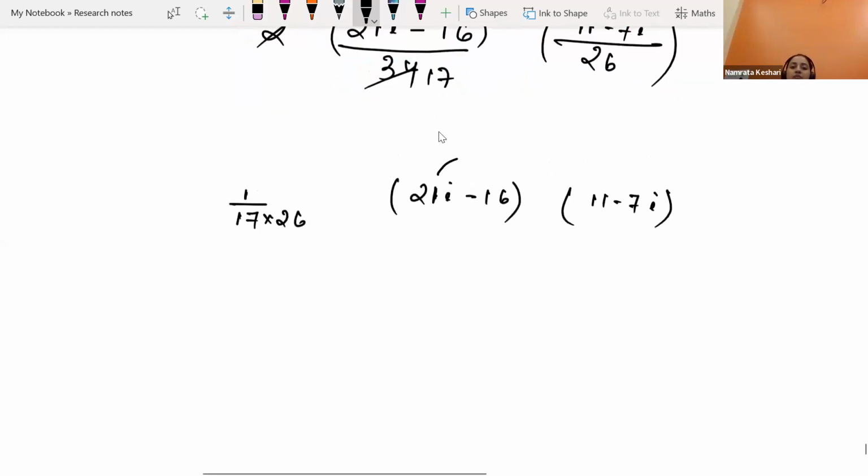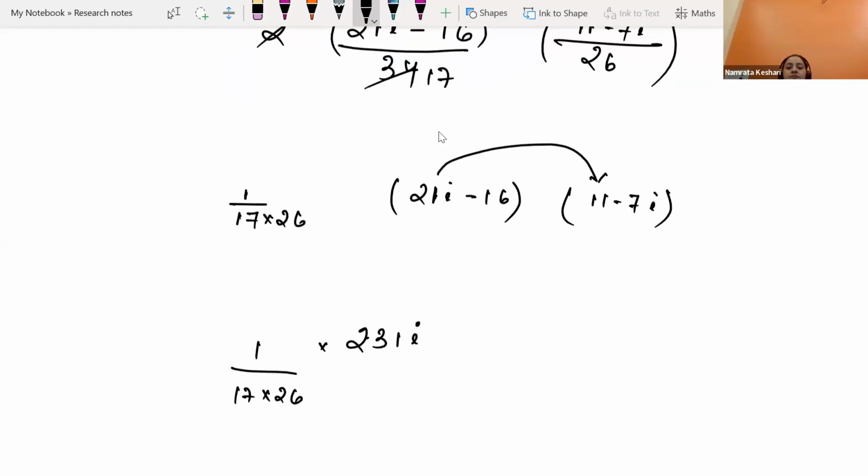So 21i we will multiply with 11. It will be 231i. Check it. Then 21i we will multiply with minus 7i.